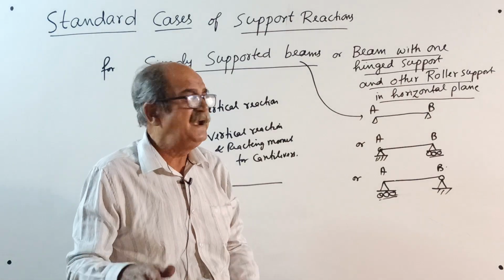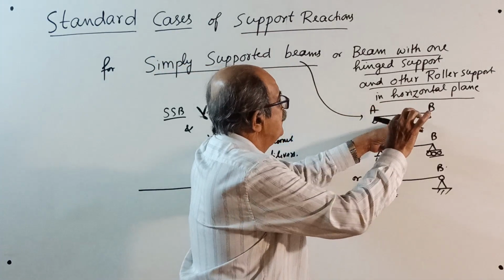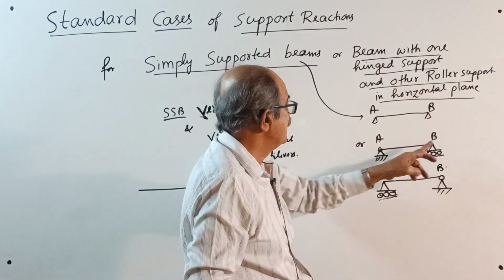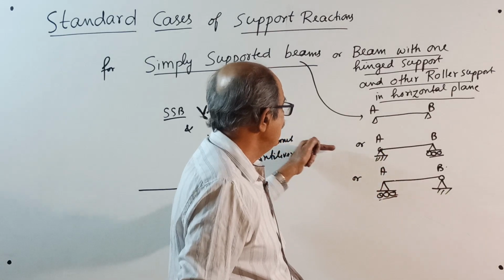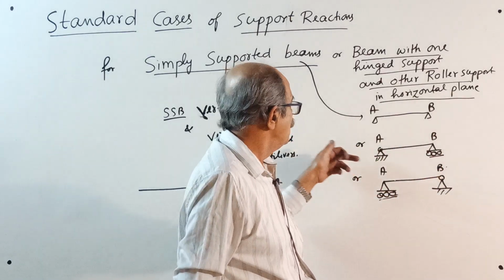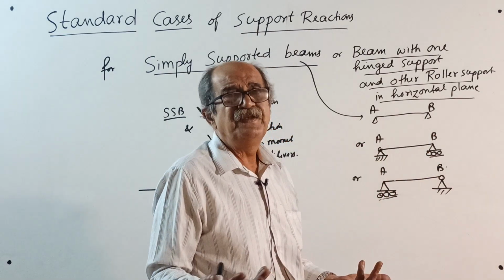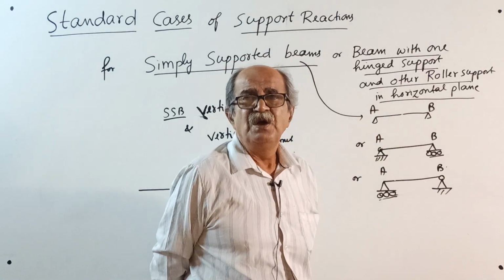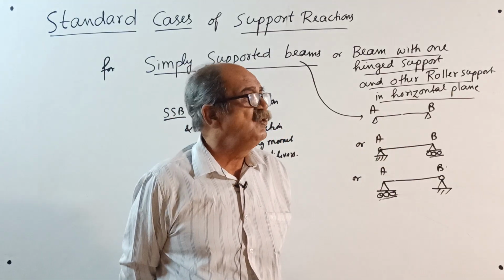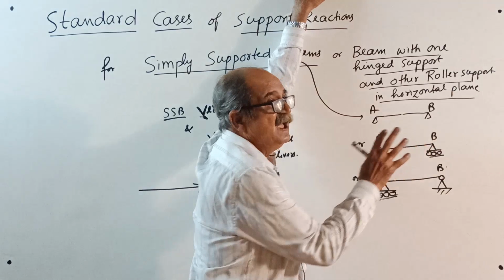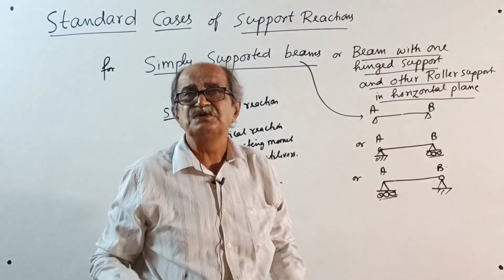I told so many times: simple support, vertical reaction; hinge and roller, vertical reaction, horizontal reaction; remove the horizontal reaction, once again vertical reaction. So in all these cases, today's standard case is only for vertical. Therefore, I will not show hinge and roller. I will show simple supports everywhere.